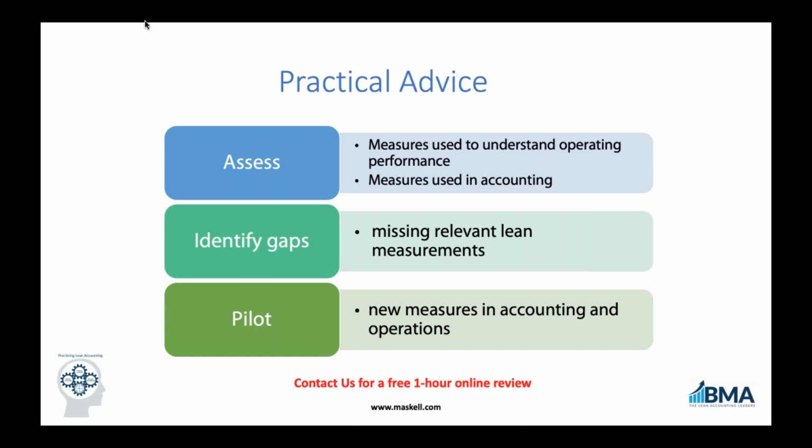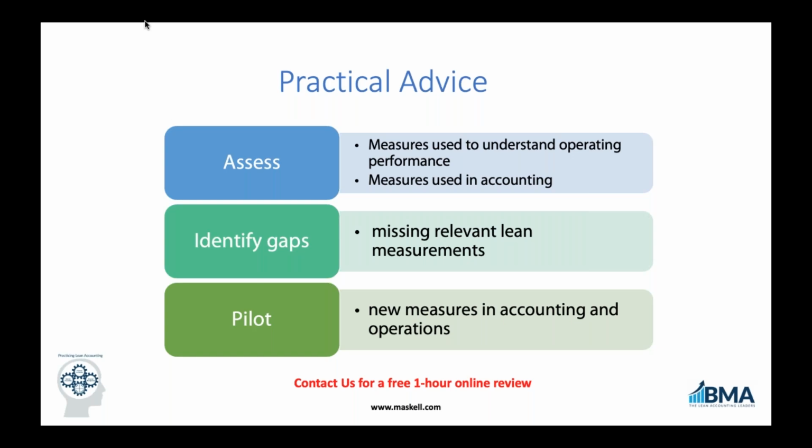I'll just continue here. So, here's some practical advice. Do an assessment. Understand what measures are being used today to understand operating performance. What measures are being used in accounting to understand performance, and take what you have today and do a gap analysis.